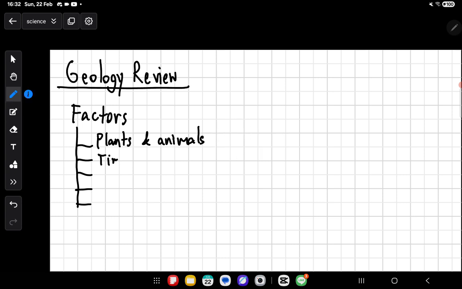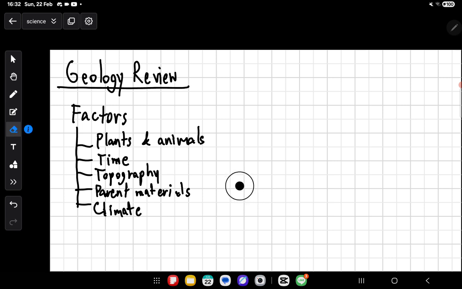Time is also a big factor. The topography of certain land is also a big factor. So is parent materials and the climate. Because if soil is forming in a wet season and another soil is forming in a dry season, it won't be the same.